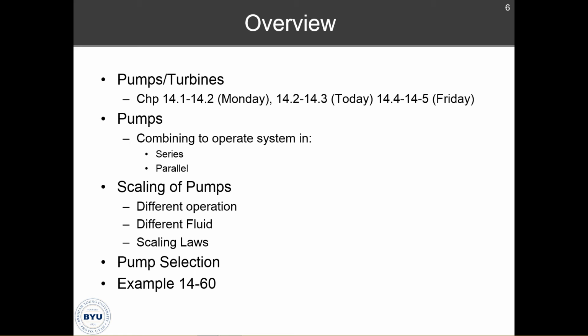Today we're going to talk about how to combine pumps to create a system. This will have a very similar flavor to what we did for pipe networks. We're going to look at combining pumps in series and in parallel and how we can determine what order and placement we need in order to make the pumps do what we want them to do.